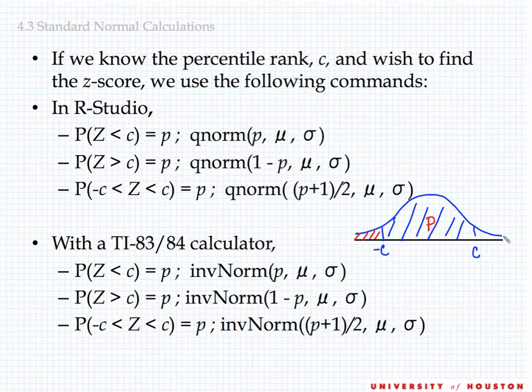The entire area under the curve is 1. So the two tails together are equal to 1 minus P. So I need this tail right here only, which will be half of those two.